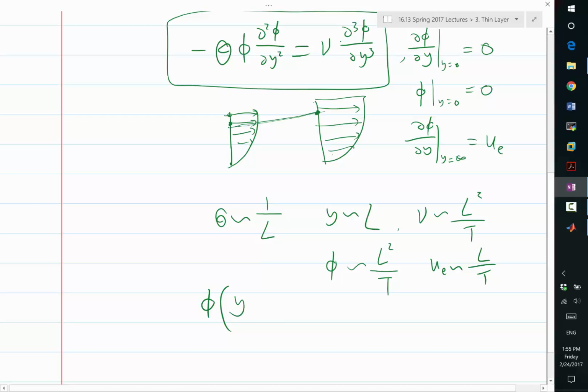Y for sure, right? Okay. And well, here it looks like it's a function of theta and nu, but you can just divide both sides by theta or by nu. So it should only be a function of nu over theta or theta over nu, right? Okay. And what else?